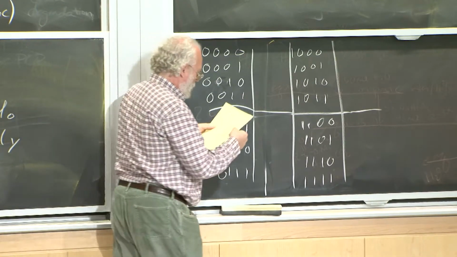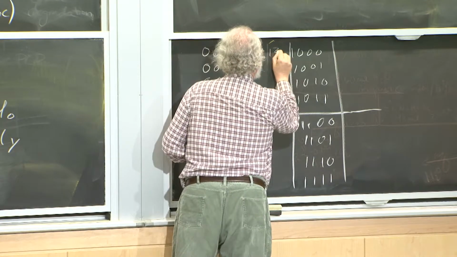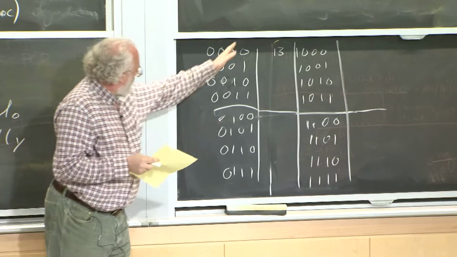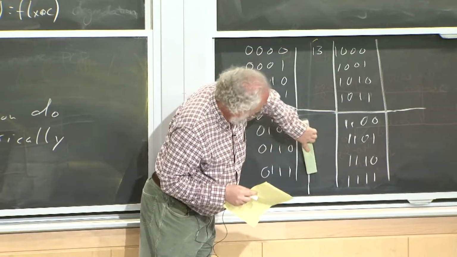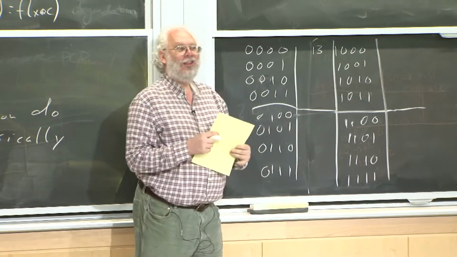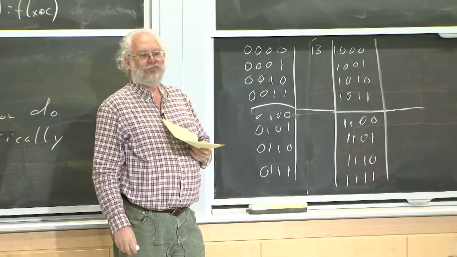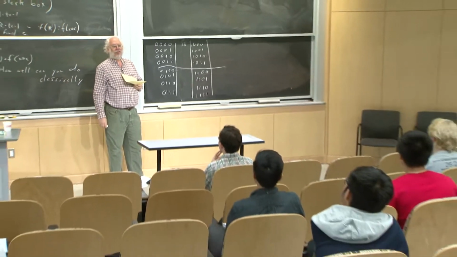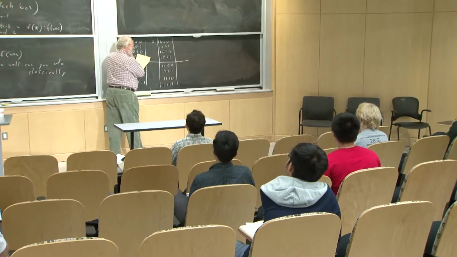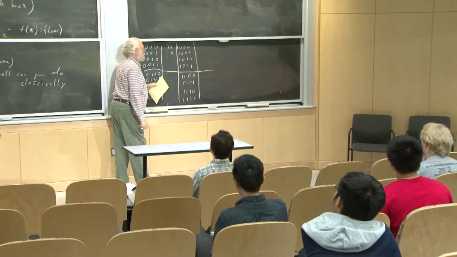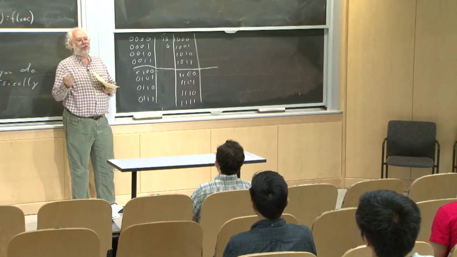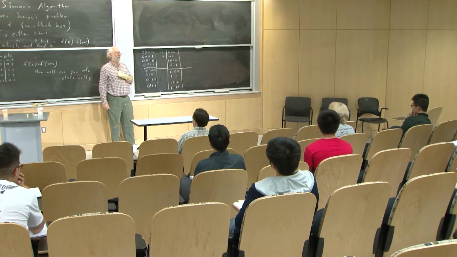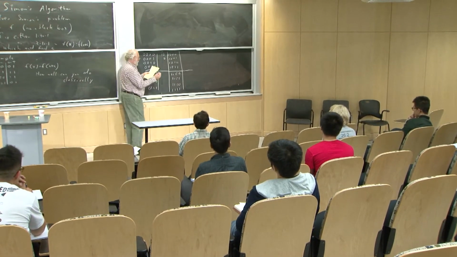All zeros. OK. I'm not going to write these in binary because it's easier to work in decimal. What should we do next? 0,0,0,1. Sure. That gives us 6. Anyone else? 0,0,1,0. OK.